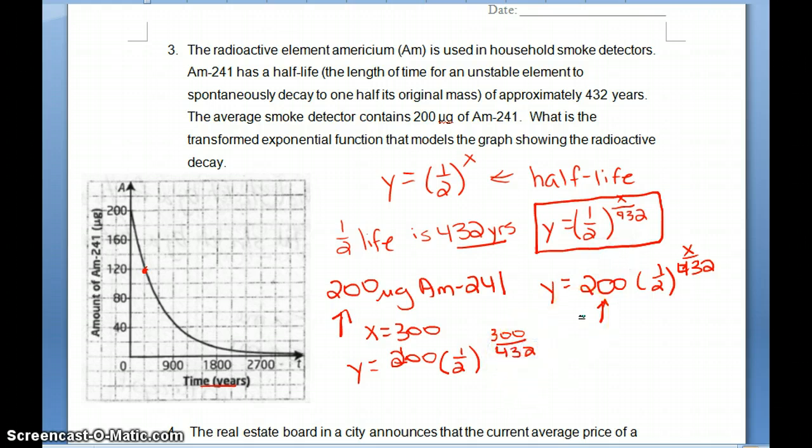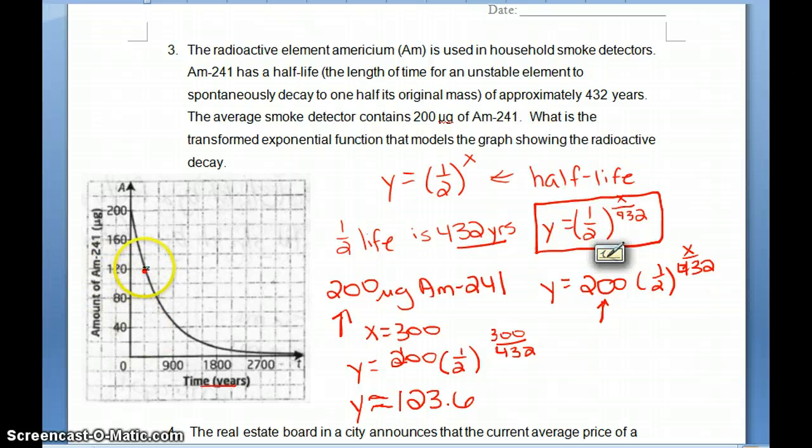If you put all that into your calculator all at once, or do it in little steps, what you should find is that y is approximately equal to 123.6.